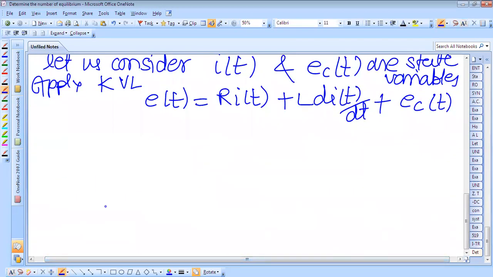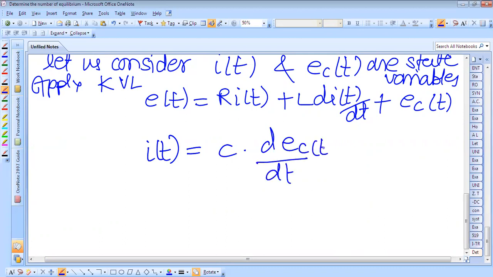And the second equation is for the current which is flowing through the capacitor, that is C into dEc by dt.